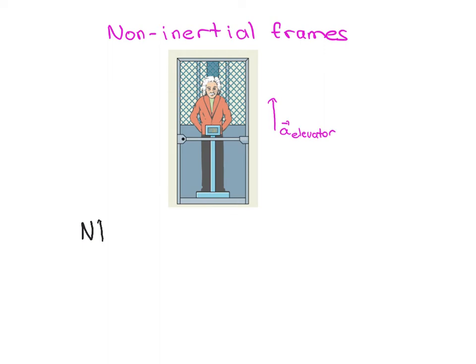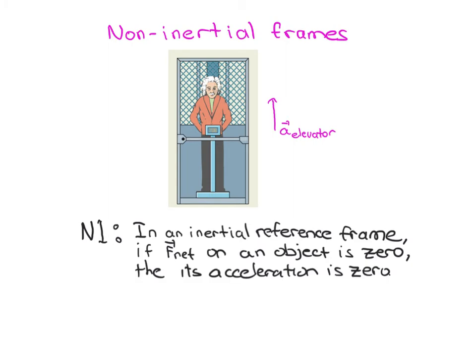So you may remember in the What's the Big Idea on the First Law, I said we would come back to explain exactly what the point of the first law was. So the way the first law is generally stated is something like if the net force on an object is zero, then its acceleration will be zero. But an important caveat is Newton's first law specifies that we have to be talking about measurements made with respect to an inertial reference frame.